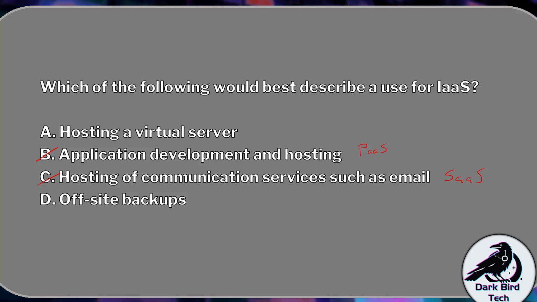Offsite backups, yes, you could use Infrastructure as a Service for offsite backups, but this would probably be better as storage as a service, which technically falls under XaaS. So, yes, I could, but let's be honest, hosting a virtual server does best describe Infrastructure as a Service. So that's our better choice there.